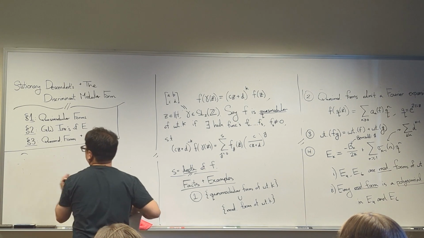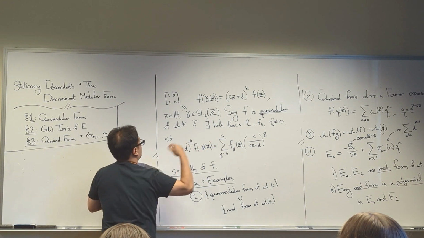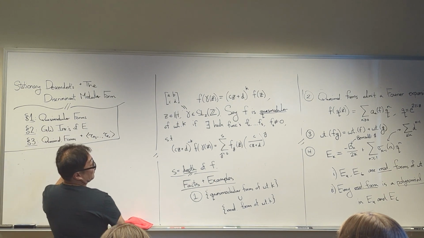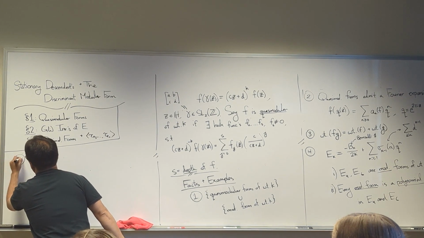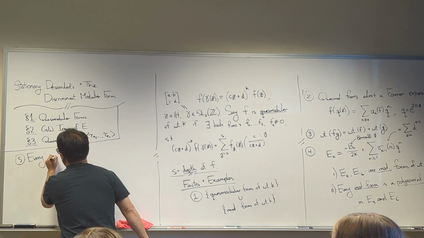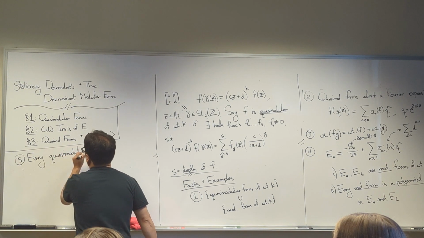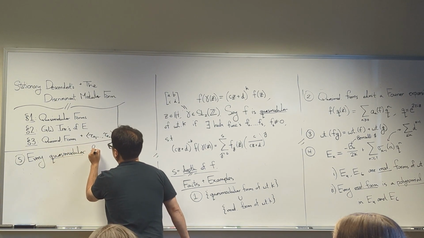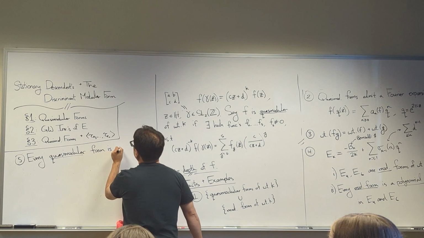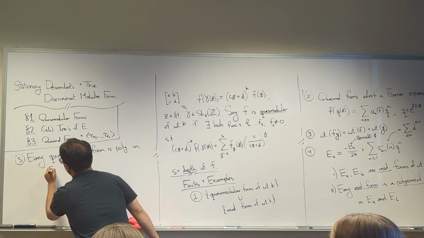Finally, to really not care about the definition of quasi-modular forms anymore, what we need to know is that every quasi-modular form is a polynomial in E2, E4, E6.